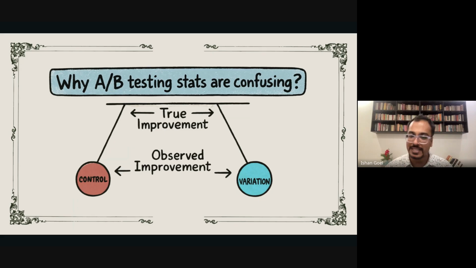So if you run your test and say you make some change X, that change X will have a true impact on the entire set of your population. And that true impact will never be known because your entire population includes people who might even be in the future who have not accessed your website yet, and the entire subset of people who have been to your website and are going to be.